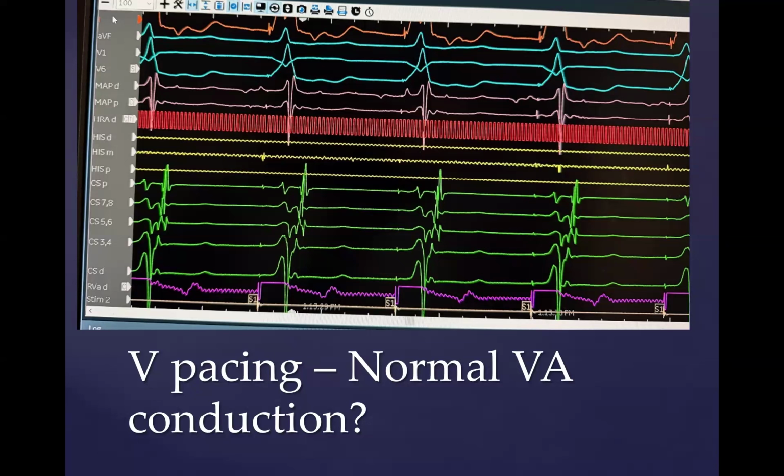Yeah, and then looking at the CS catheters, it looks like the earliest signal is, let's say, from CS proximal, which should be normal VA conduction. Okay, so you're saying that CS proximal is the earliest retrograde A. Am I understanding you correctly? Yeah.